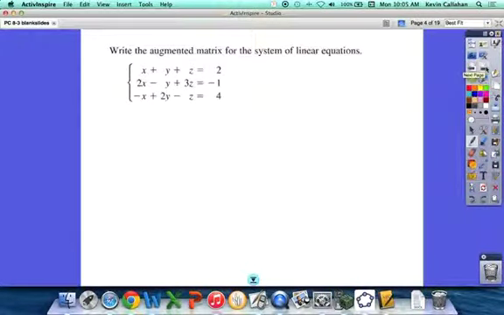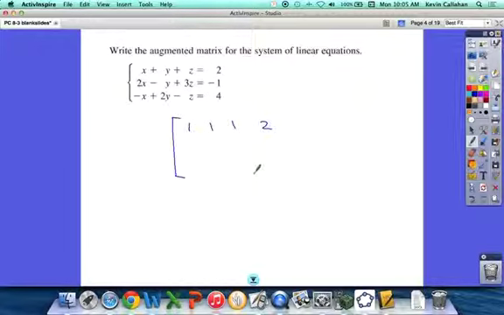So let's do one. Let's write our augmented matrix out of this, just as a little bit of practice. I know it's pretty easy stuff. What's going to be the first row of the augmented matrix here? 1, 1, 1, 2. They had a dotted line in between the ones on the left and the column on the right, but it doesn't matter.